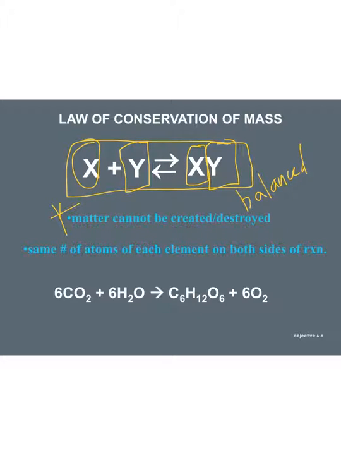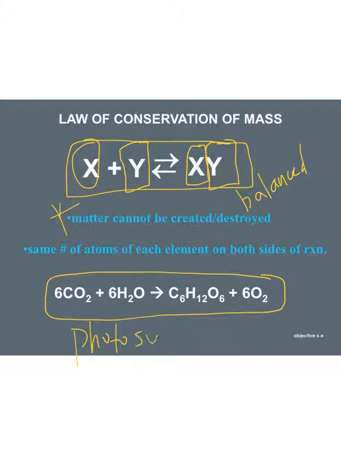We can have much more complicated ones. If we look at this one, this is the conversion of carbon dioxide and water to glucose and oxygen. You might recognize this as the reaction of photosynthesis. This is the reaction that plants carry out every day when they make glucose. If we look over here on the reactant side, you can see we have 6 atoms of carbon.